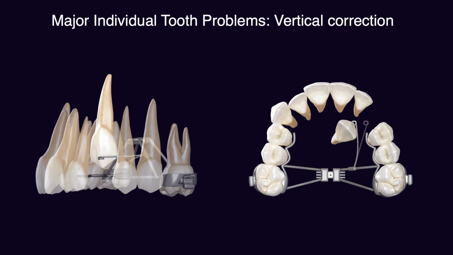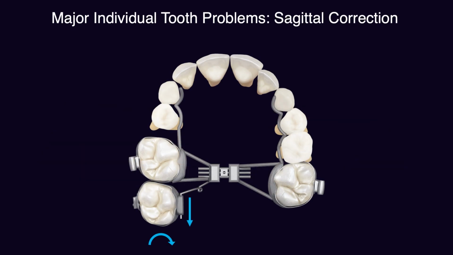That expander works as a very good anchorage and vertically erupts an impacted tooth while you still have the expander inside the mouth. You can add distalizing arms to the expander and distalize the second molar that you plan to achieve later on in semi-restricted design. You can achieve it now while the expander is inside the mouth.